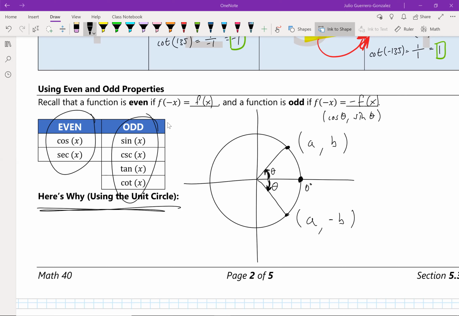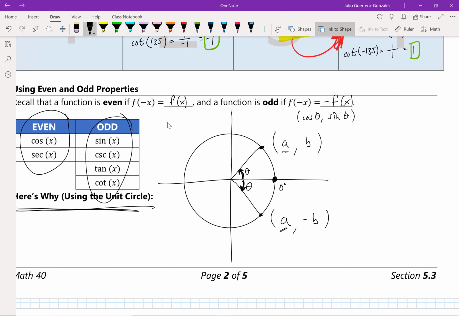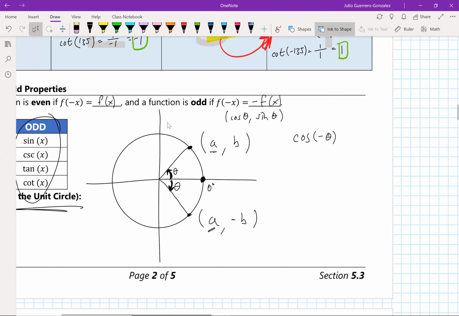So if we go a negative angle, the cosine remains the same. Hence the reason why we have cosine of negative theta. If we go cosine of a negative angle, that is equivalent to cosine of the positive angle. And this proves even.